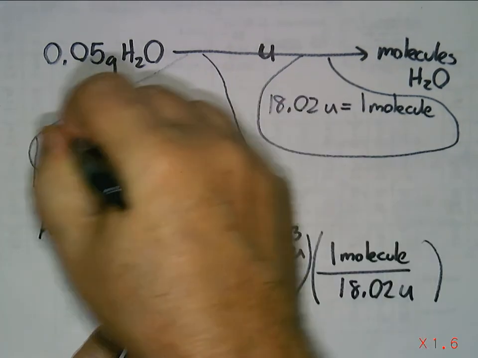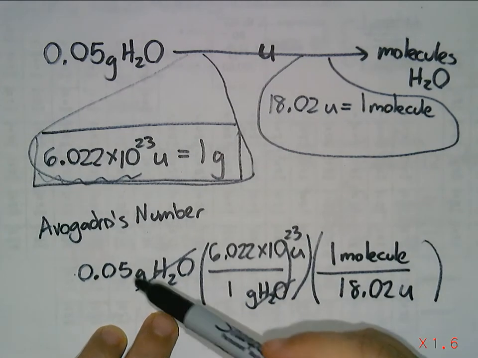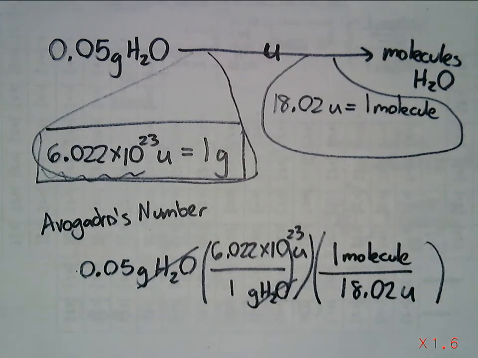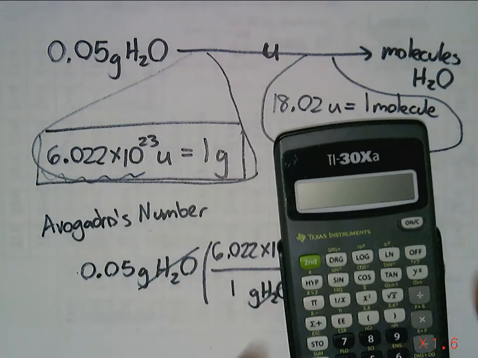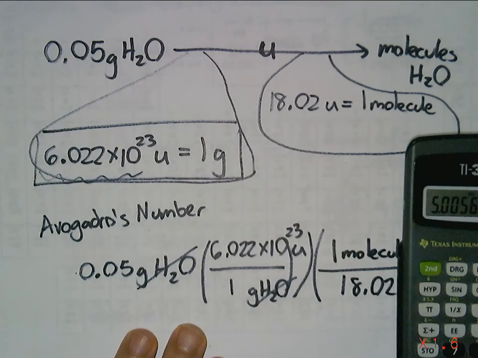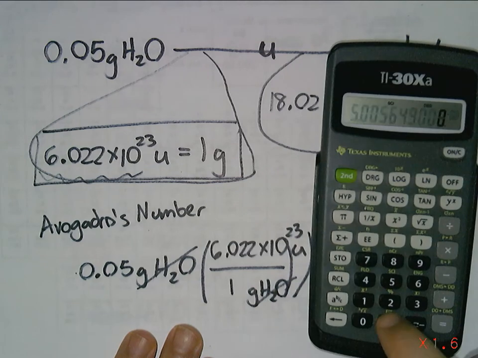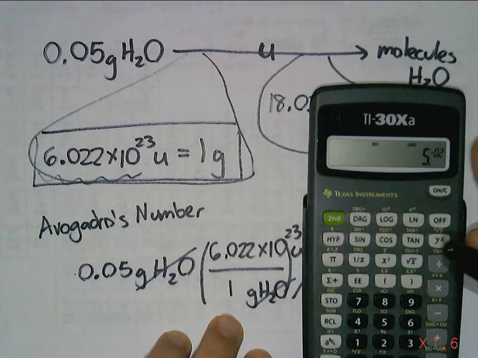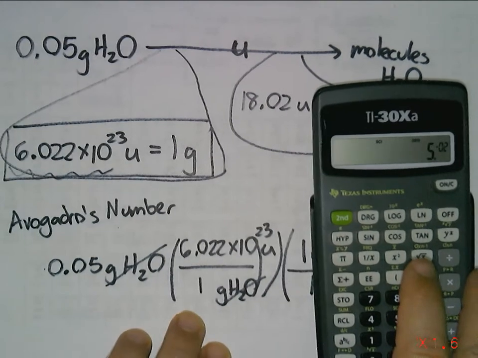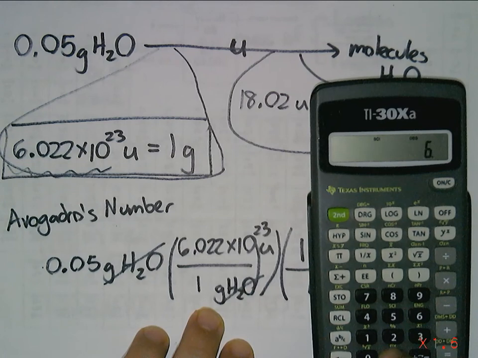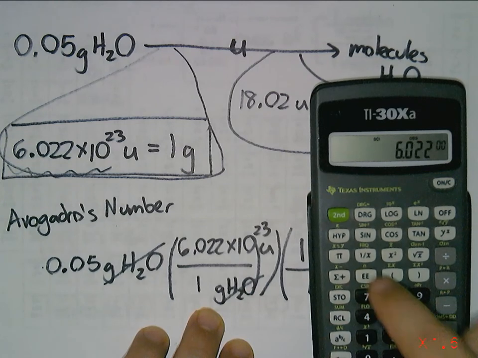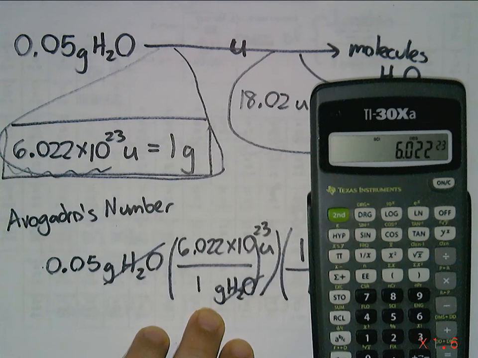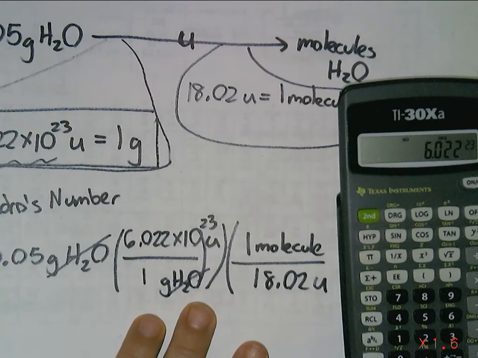Now, this is going to give me a big number. I could do the math here. Let's do it, just so you can see how it's punched in. I've got 0.05 times, okay, it's using scientific notation on my calculator right now, 6.022 EE 23 divided by 18.02.